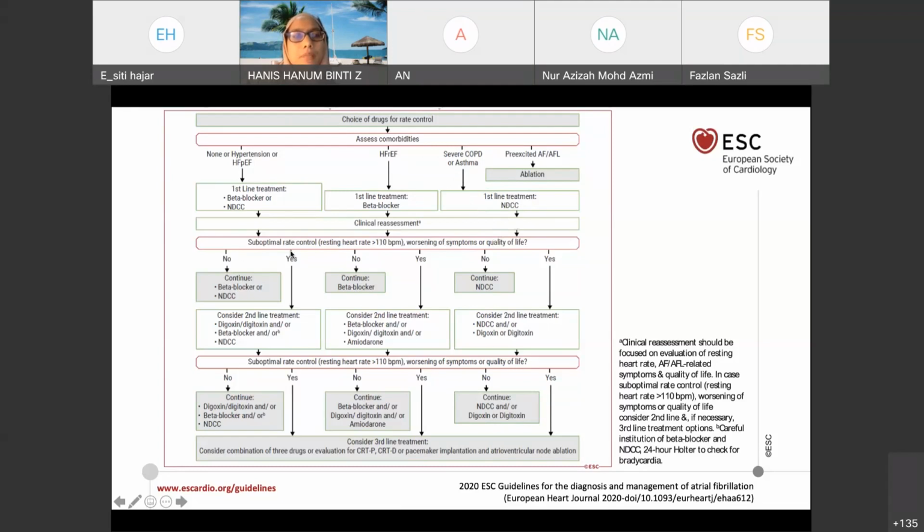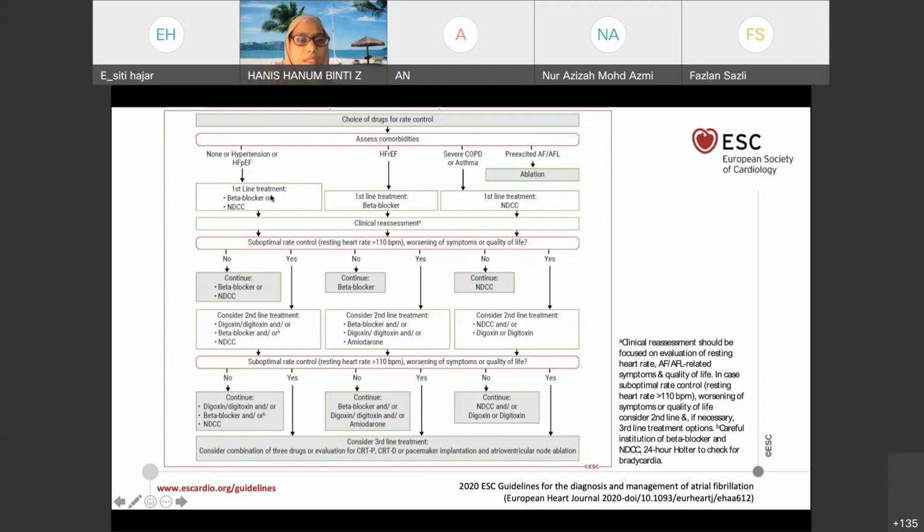Like I said, you are targeting a heart rate of less than 110. If you have suboptimal rate control after giving this, heart rate still above 110, and the patient has worsening symptoms or quality of life, you can consider second line treatment.